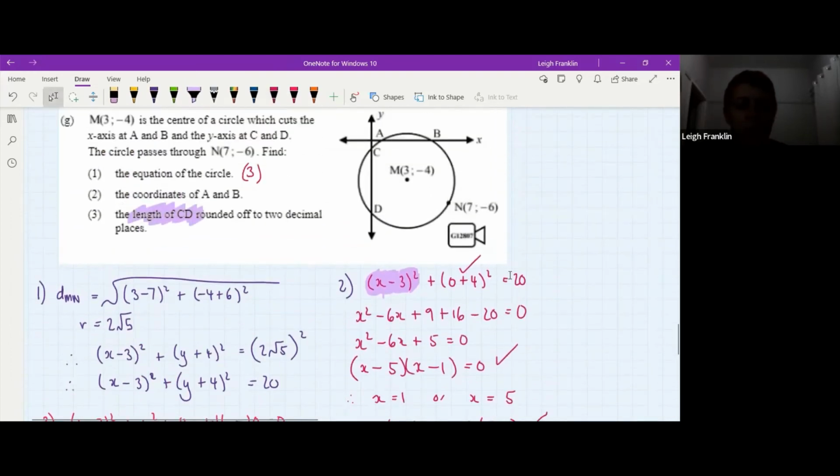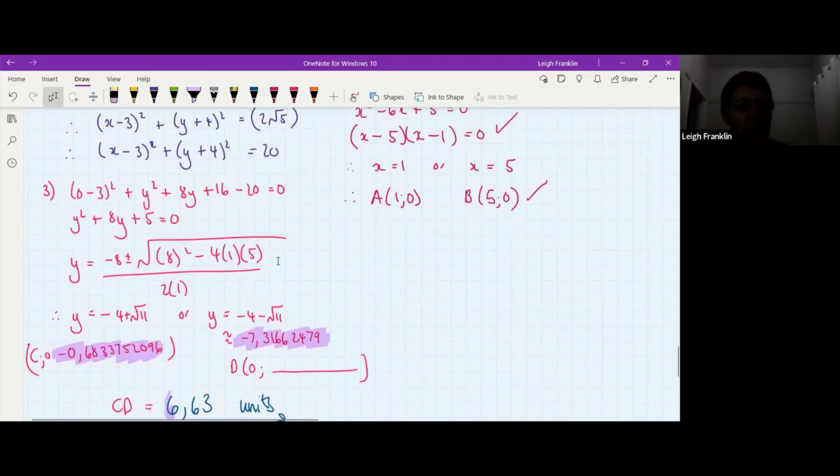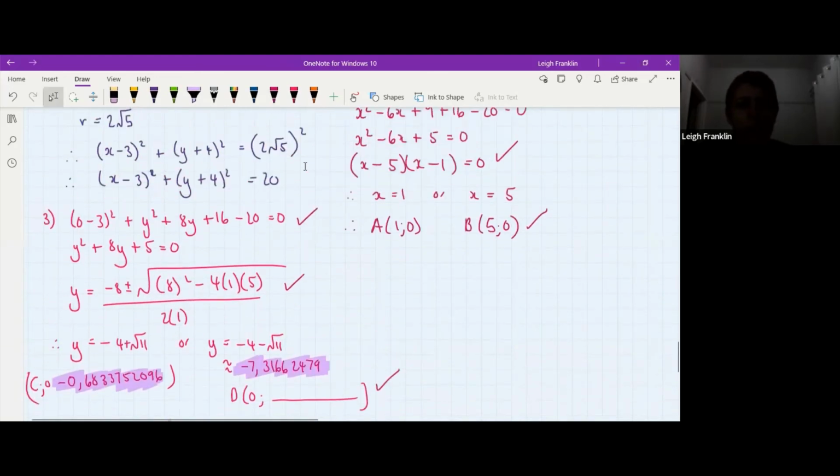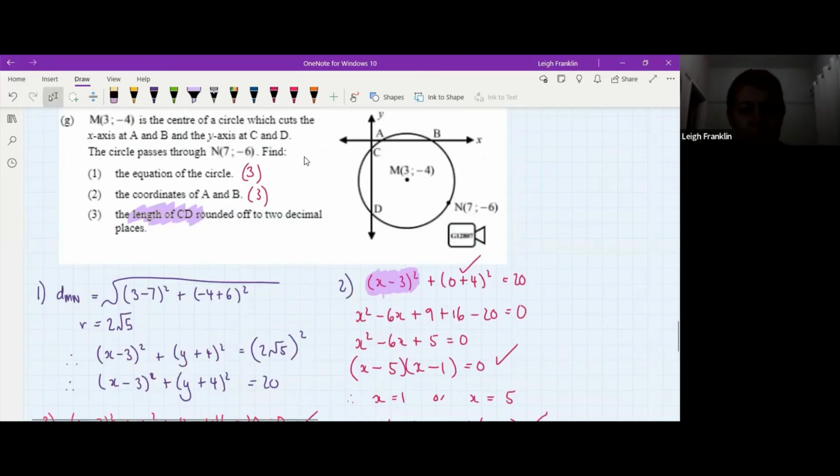So that would probably also be out of 3. And then here for that would have been subbing in the factors. Maybe this one would have been out of 4. So what's that? That's 10 marks in total.